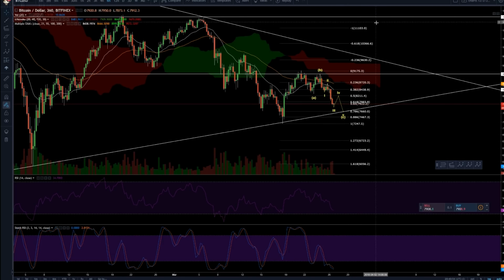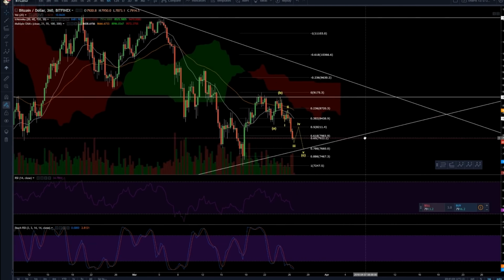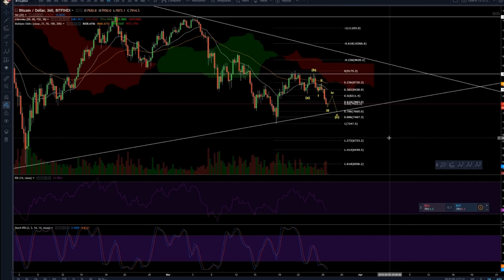And then we go up, or it could just go up again, test it again, make a lower high, and tank again. But I mean, we'll just have to see.